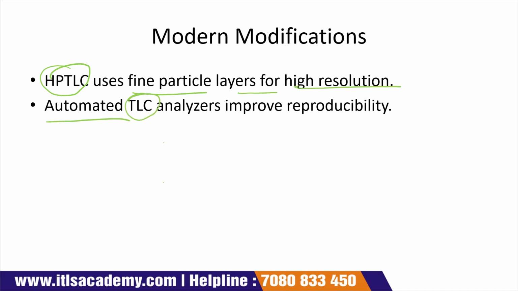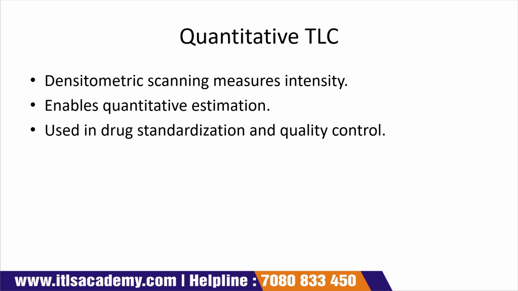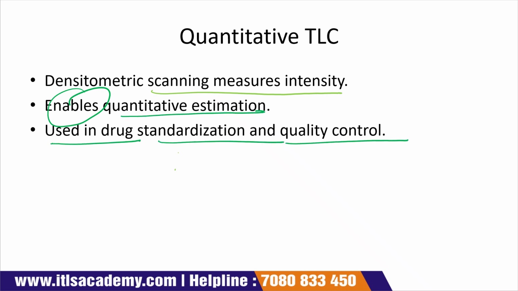Automated TLC analyzers improve reproducibility. Precautions: handle the plate carefully, use clean glassware, maintain constant conditions, and avoid overloading the sample. Quantitative TLC uses densitometric scanning to measure intensity, enabling quantity estimation, used in drug sterilization and quality control.